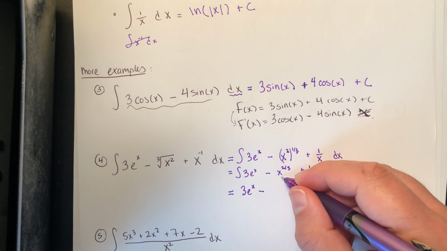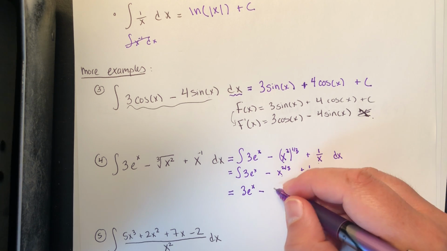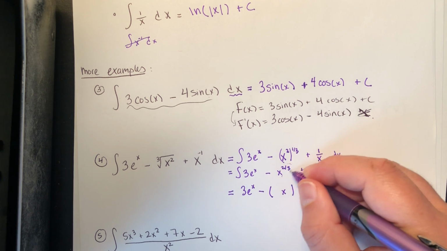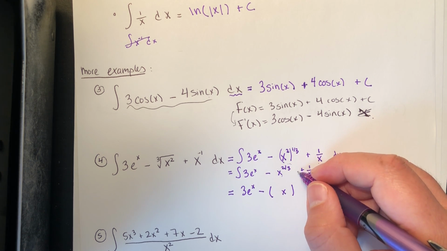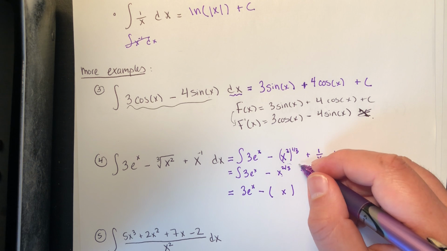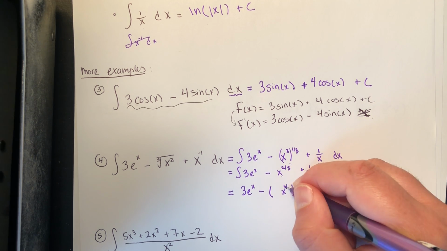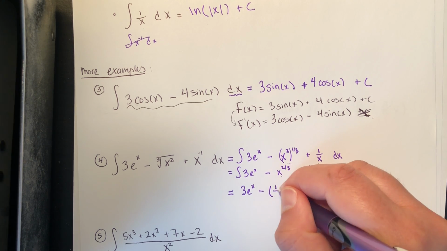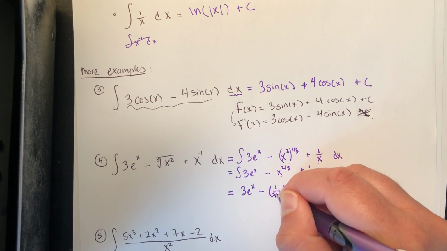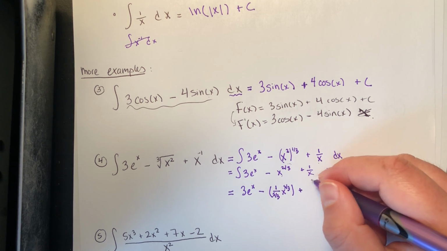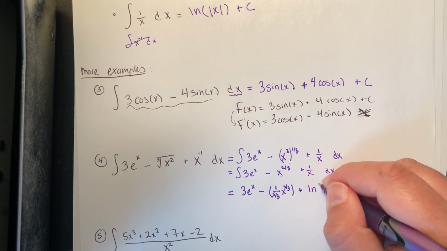The antiderivative of x to the 2/3, let's see, we're going to have to add 1 to the exponent to get our new exponent using the power rule. 2/3 plus 1 is 2/3 plus 3/3, which is 5/3, times 1 over the new exponent, 1 over 5/3, plus finally the antiderivative of 1 over x is ln of x.